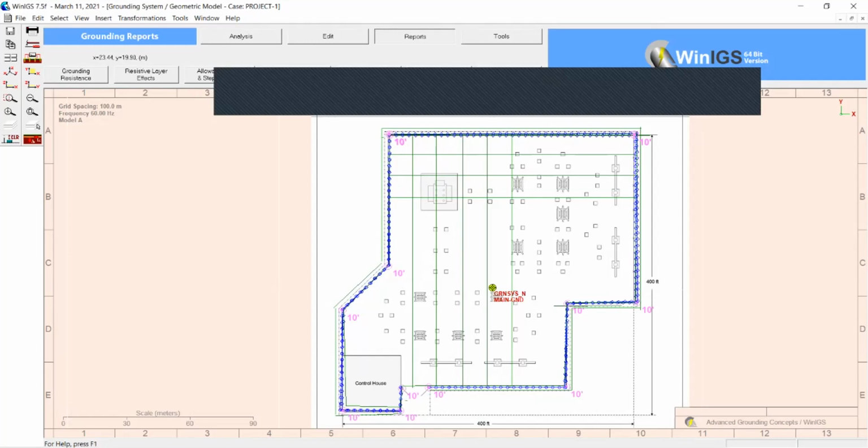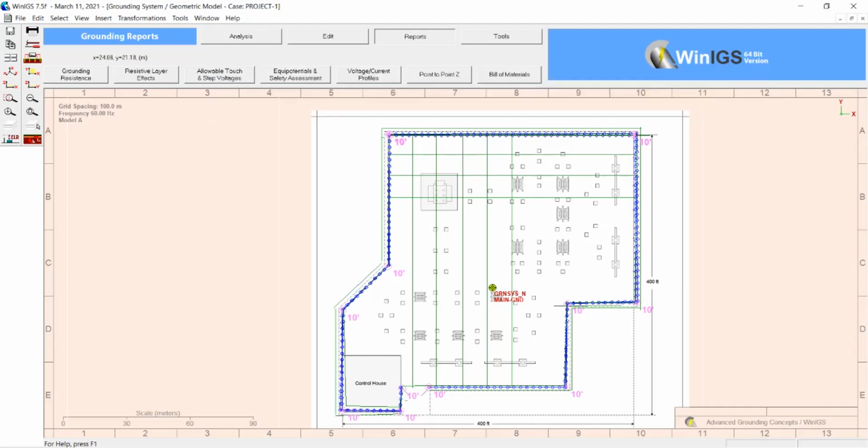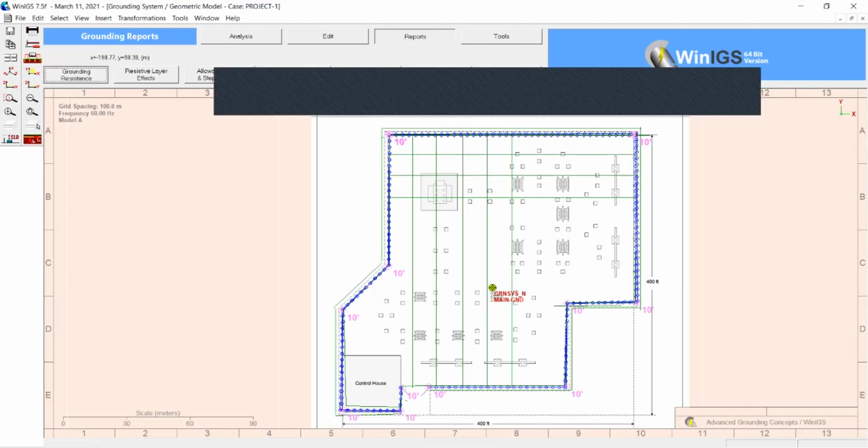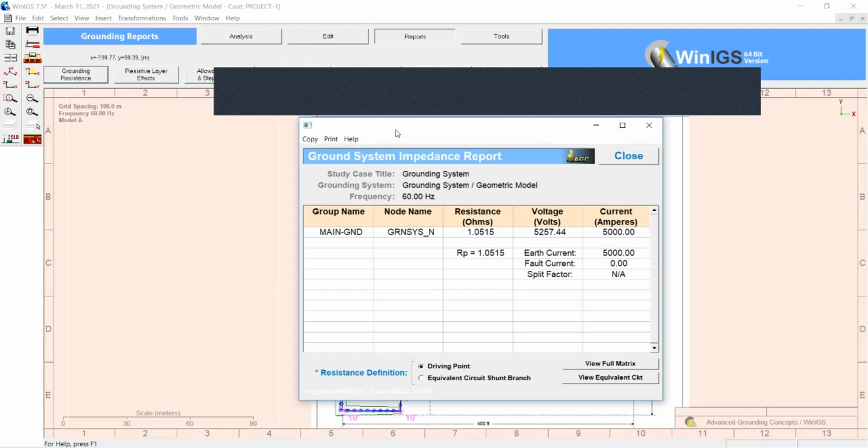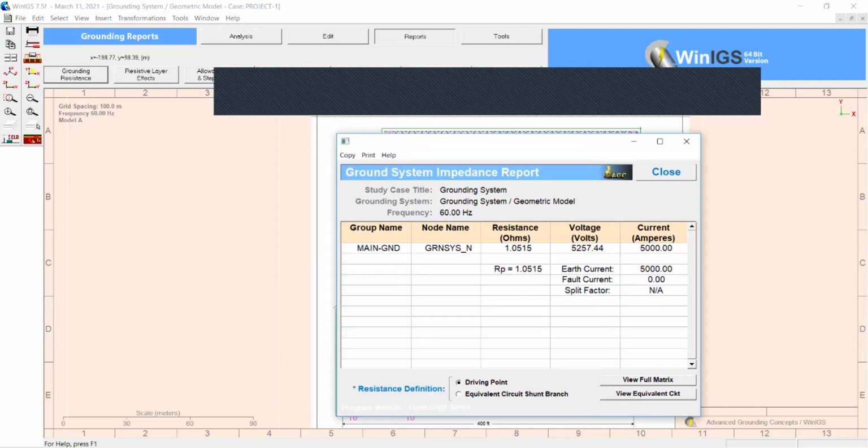First of all, the grounding system you designed, and the soil data you put in, according to that information, this grounding system will give you the ground resistance, which we discussed in today's lab using the fall of potential method. Click on this ground resistance, and here is your window.